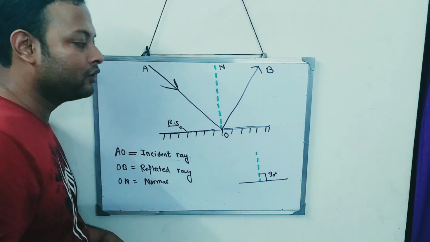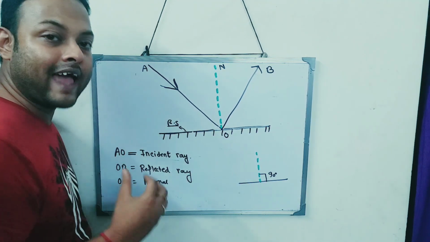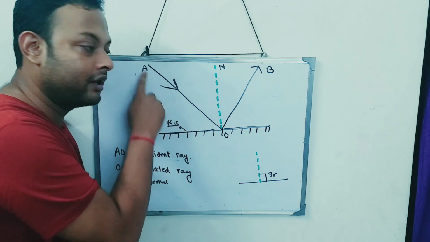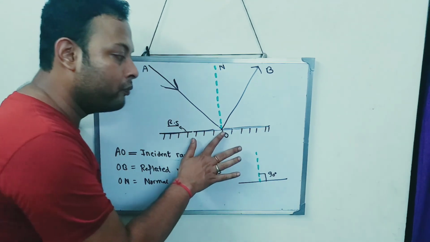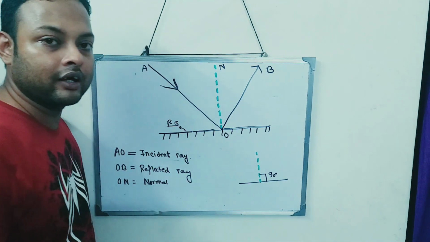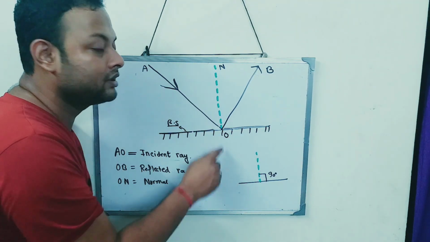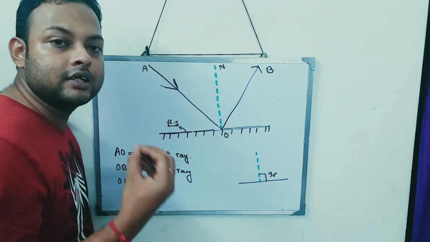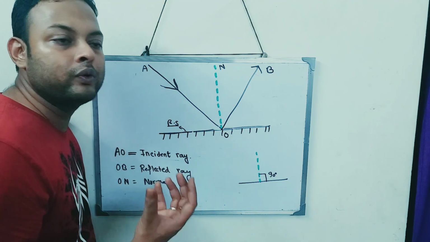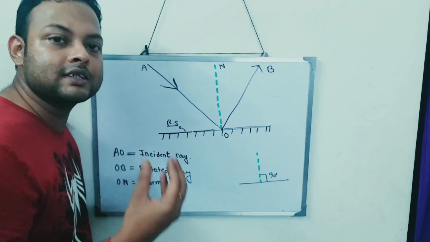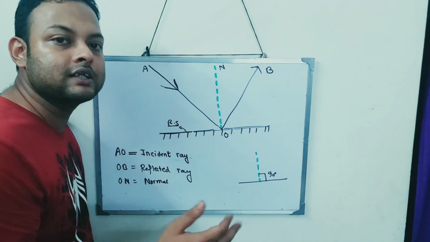Now let me tell you, AO is a real ray. OB is also a real ray, the ray which is bouncing back. But ON is not a real ray. This is an imaginary ray that we consider to make certain things simpler, which we will discuss later on.